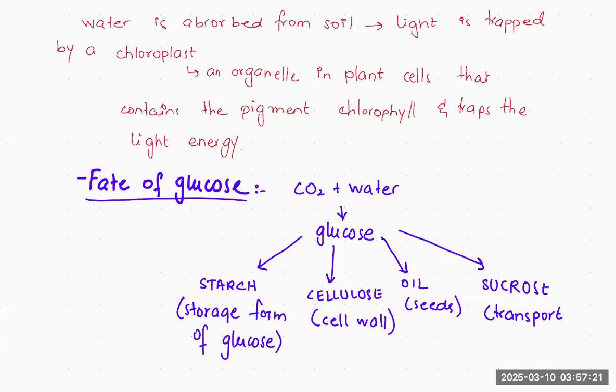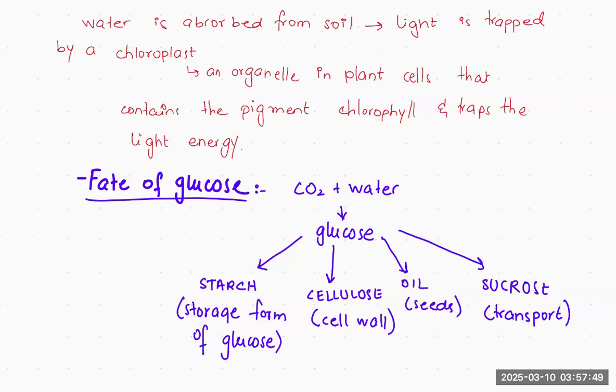Why is it that for the purposes of transport, meaning if I want the glucose to go from the leaves to the other areas of the plant, I need to convert it into sucrose first? Why can't the glucose just be transported in the form of glucose?